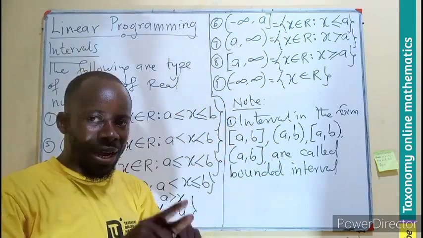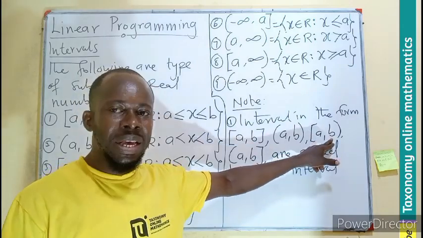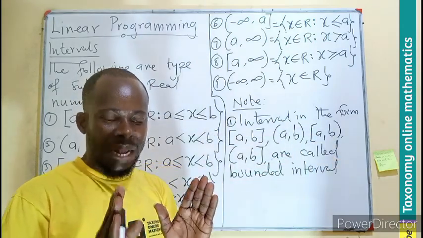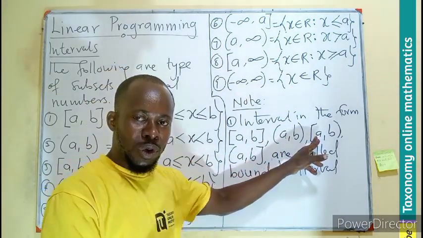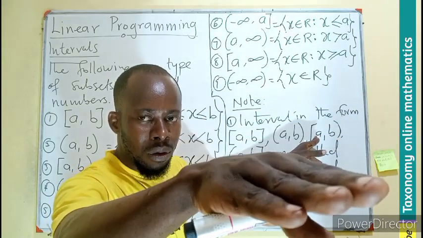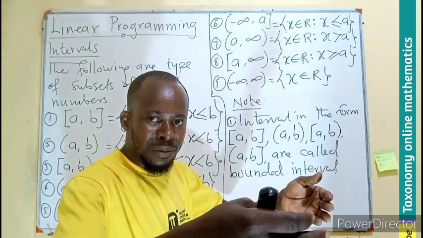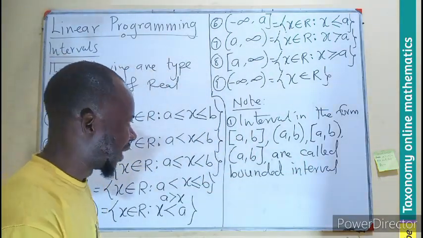Then here, A is part, B is not part, but you know the boundary, don't cross this line. You can play up to this place, but when you get to that side, don't play up to the wall. But you know there is a boundary. There is no free range. So these four are called bounded.